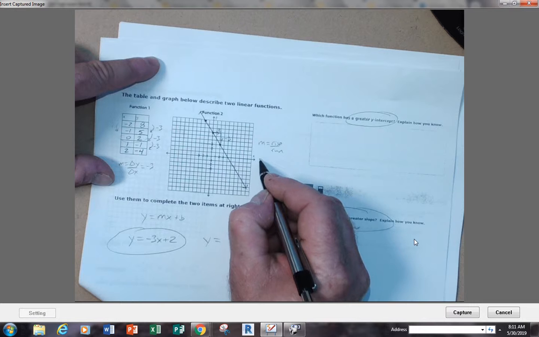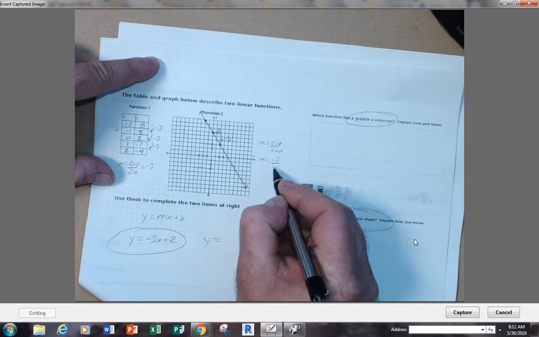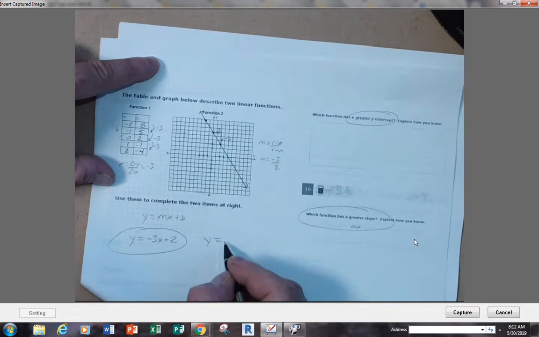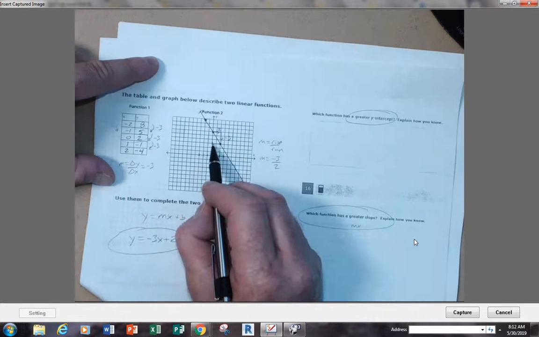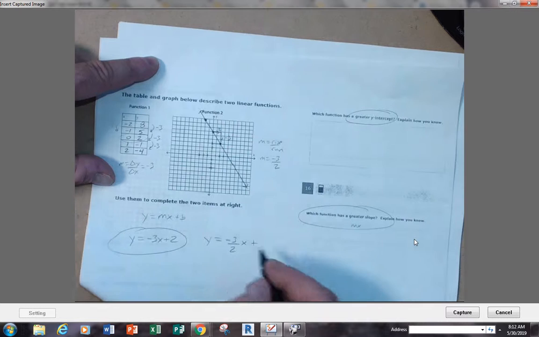So that first equation is y = -3x + 2. That's the table's y-intercept and the table's rate of change. For the graph's equation, the slope is -3 over 2 x, and then its y-intercept number right here is 3, 4, 5, 6.